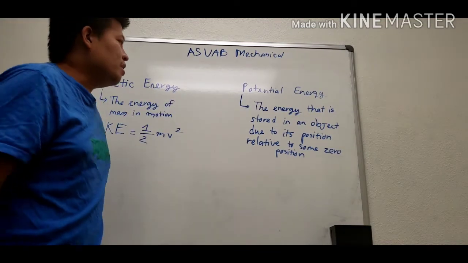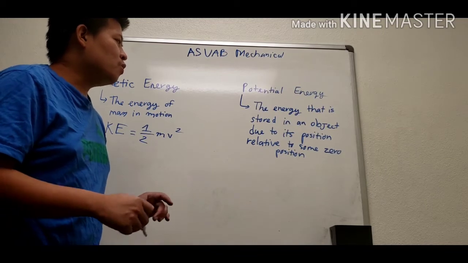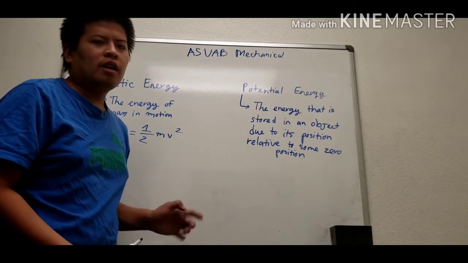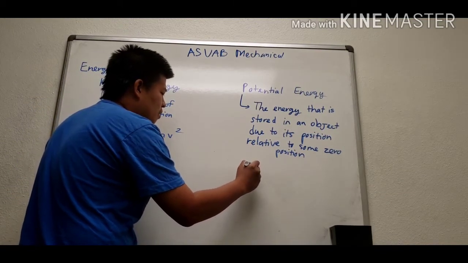About potential energy, the energy that is stored in the object due to its position related to some zero position. For example, we have the ball on the ground in here.